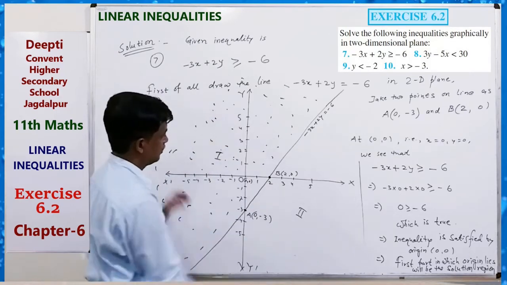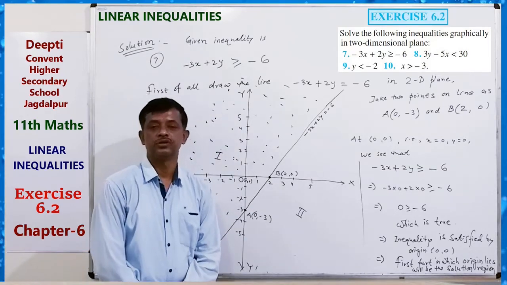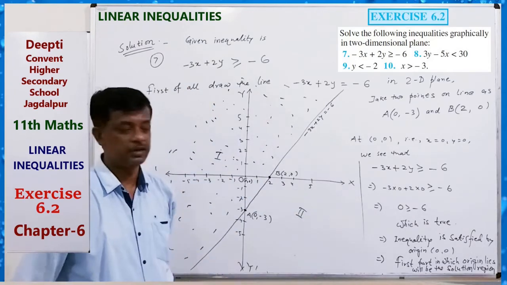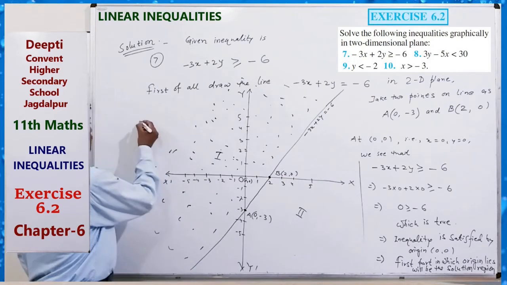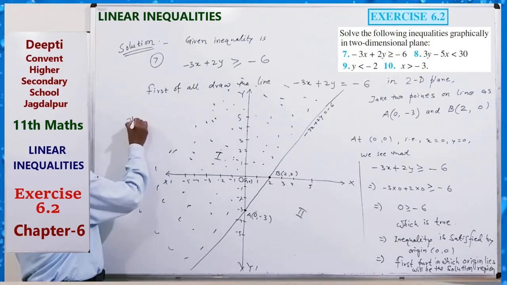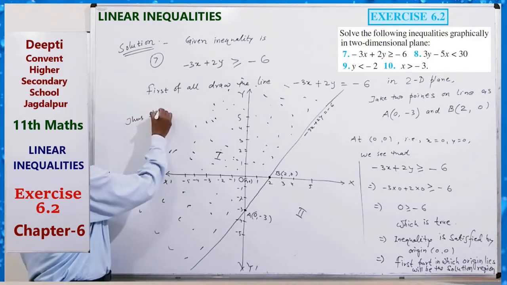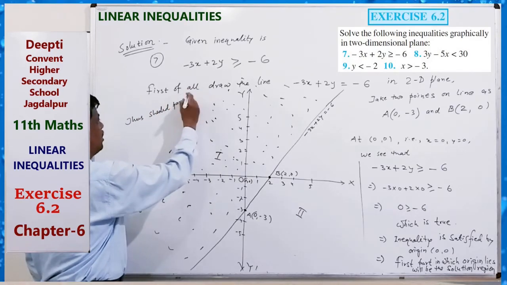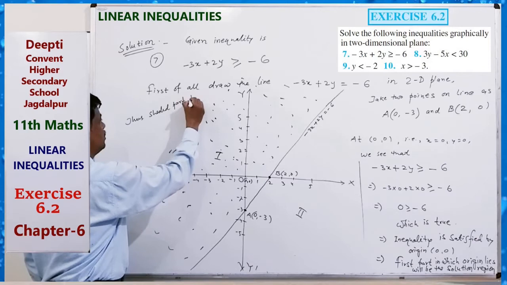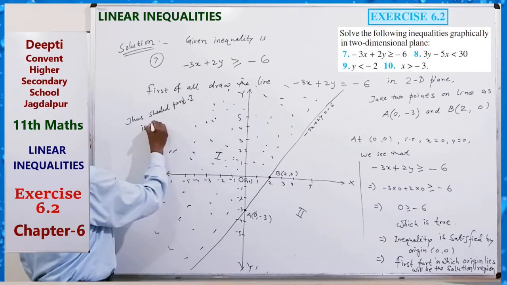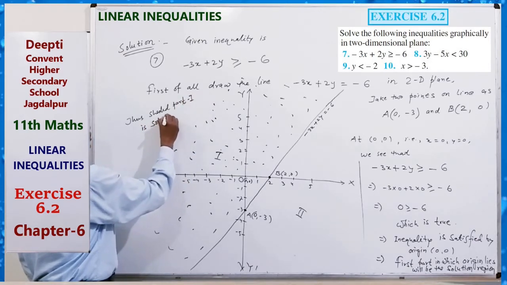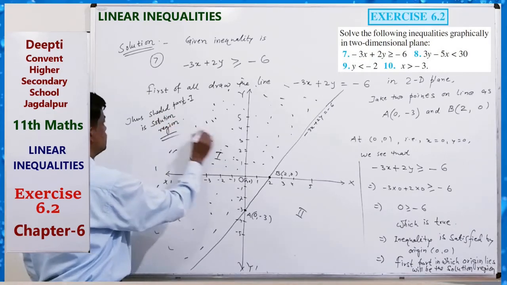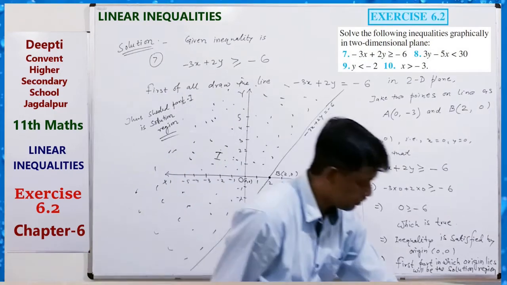Just this shaded part is the solution region of the given inequality. This is the solution of question 7.